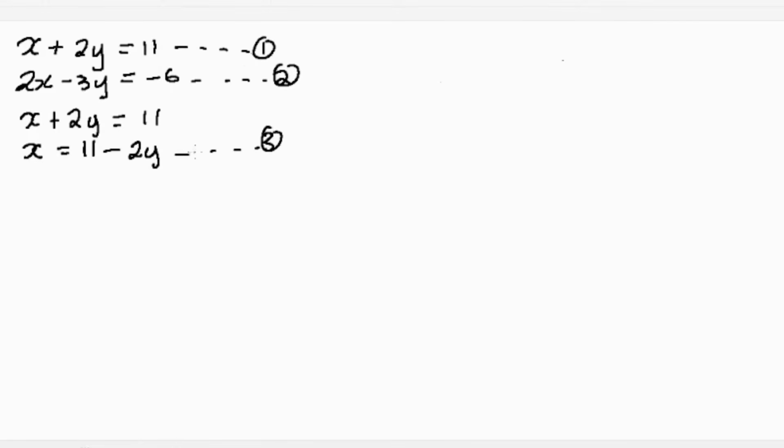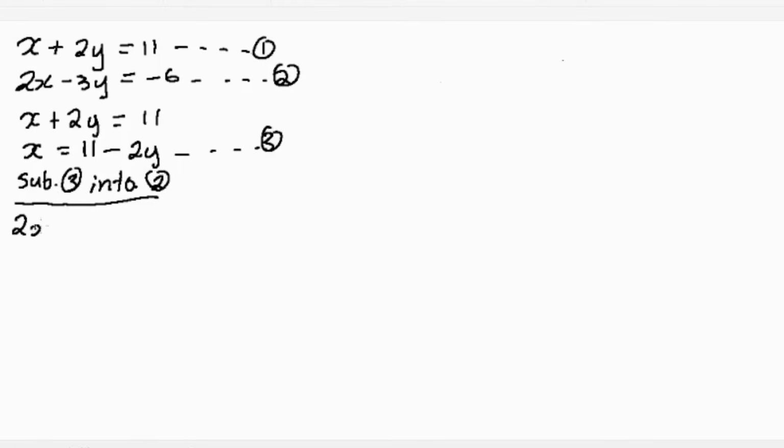So we can't take equation number 3 and substitute it into equation number 1, because equation number 1 is the genesis of equation number 3. So obviously we are going to substitute equation number 3 into equation number 2, because we didn't create equation number 3 using equation number 2, right?